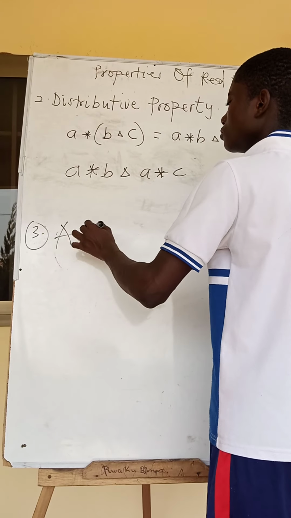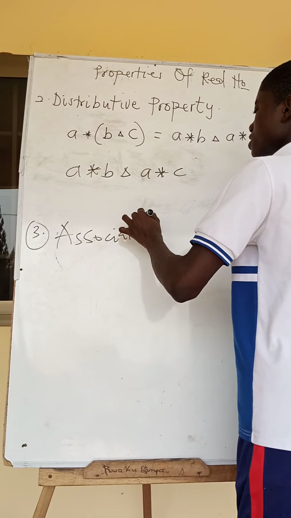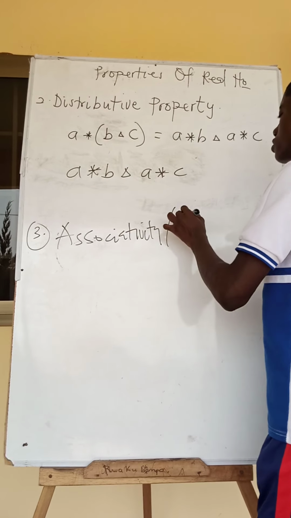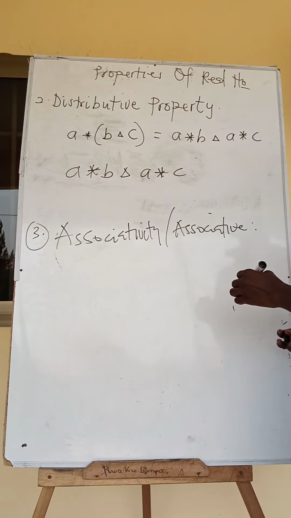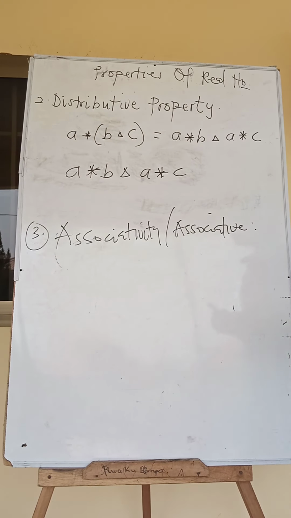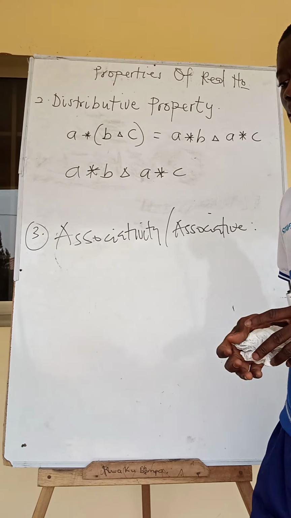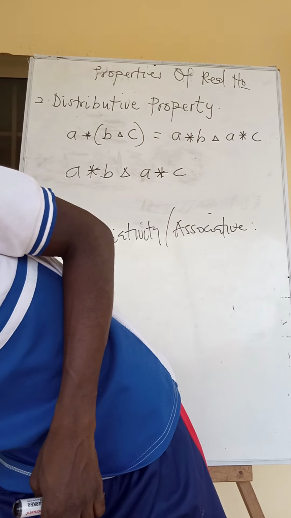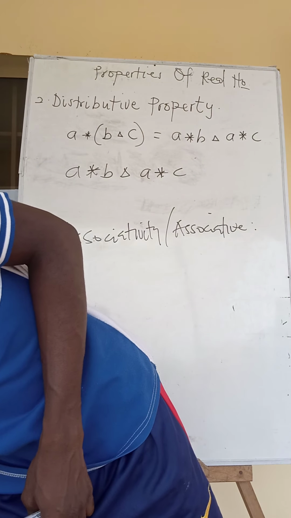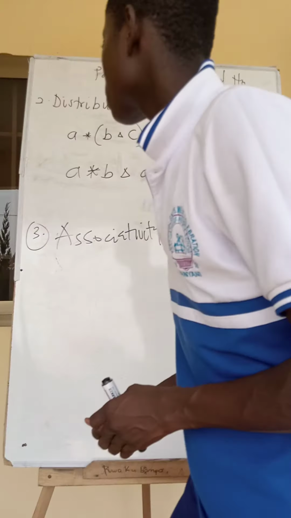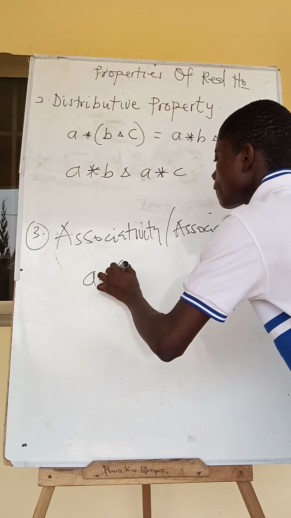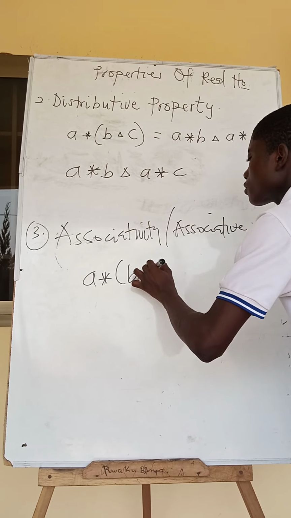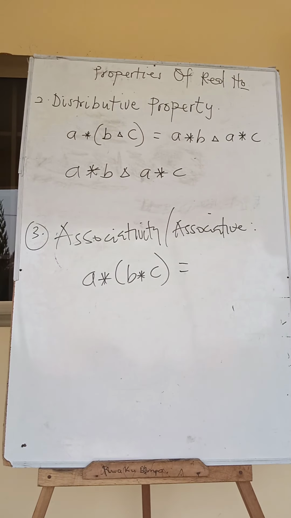We call it what? Associativity or associative. You see whether they are associative or not. Good. They are associative or what? Or not. Now let's take one example from associativity. So we say they are associative. I'm taking A star B star C. This is going to be the same as what?